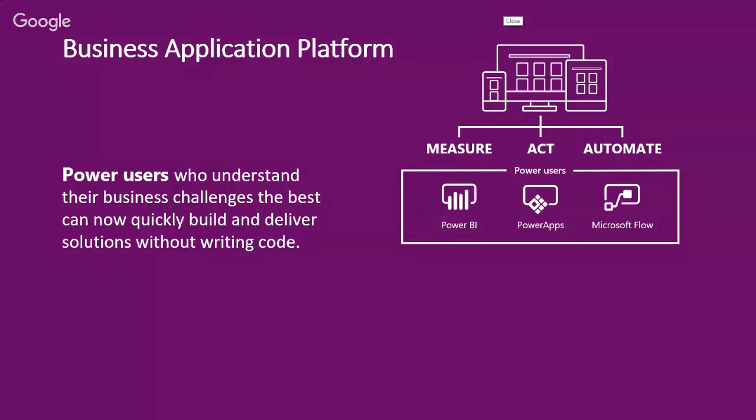And Microsoft Flow to my right is automating processes that don't need me to do. So I can do more even though I'm configuring less, right? So these 3 work together like a family, and they enable power users to build very sophisticated solutions or very simple solutions that will drive forward things in their business.